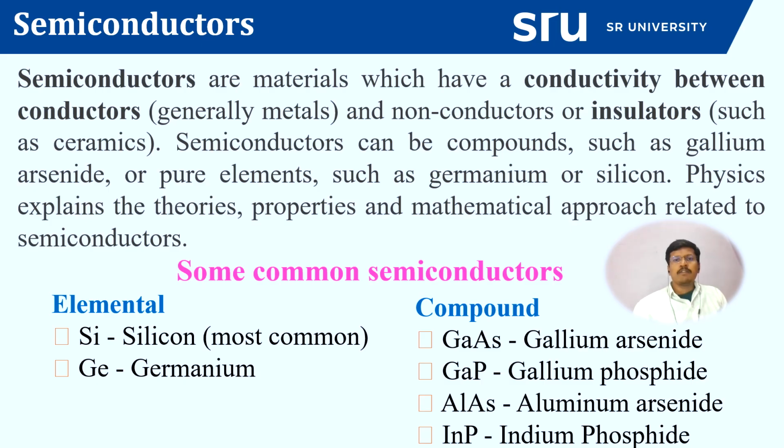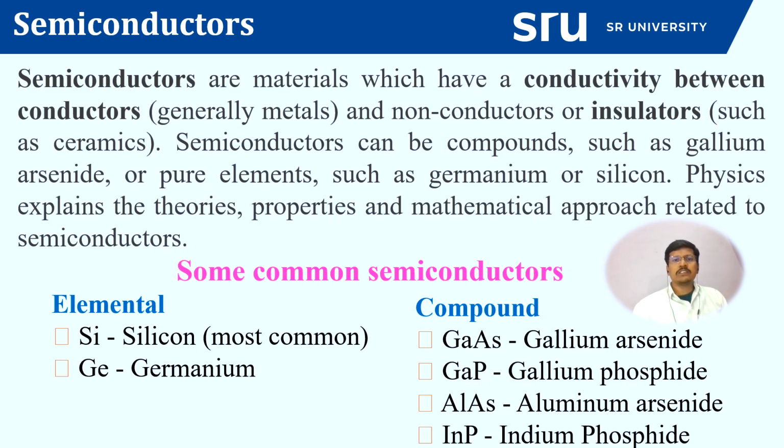Having understood the development of semiconductor technology, let us now look at the materials themselves. Semiconductors can be broadly classified into two categories. One is elemental semiconductors.